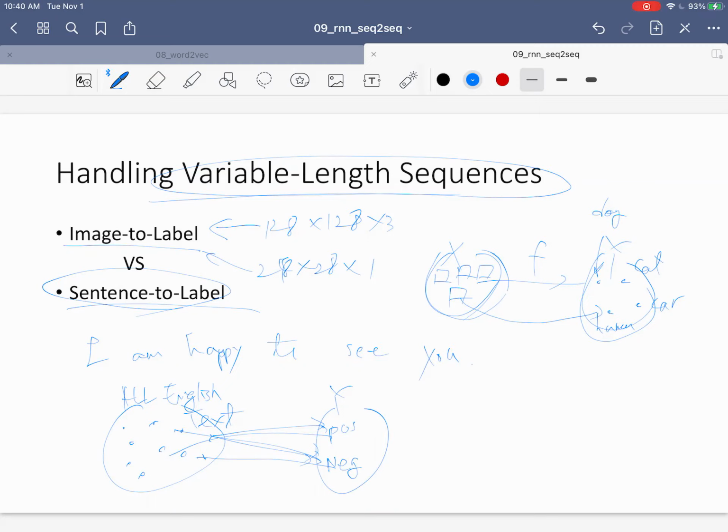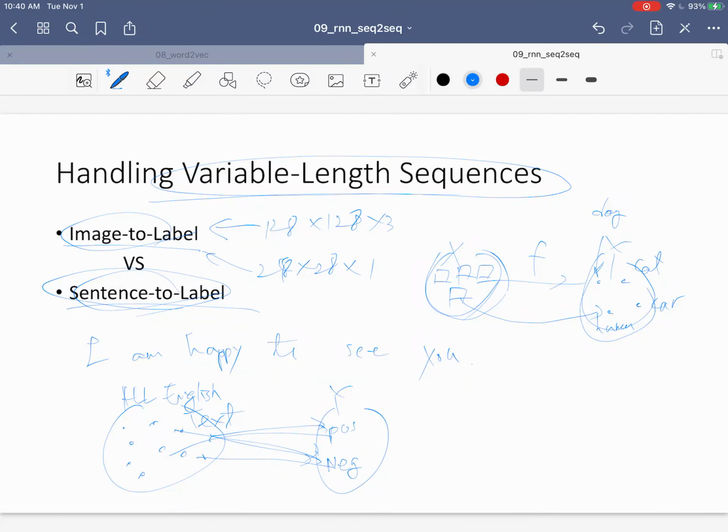That is the fundamental difference between image to label and sentence to label. For image to label, we can simply use a CNN, or even a simple feed-forward network, a multi-layer perceptron, for a very simple classification such as MNIST.